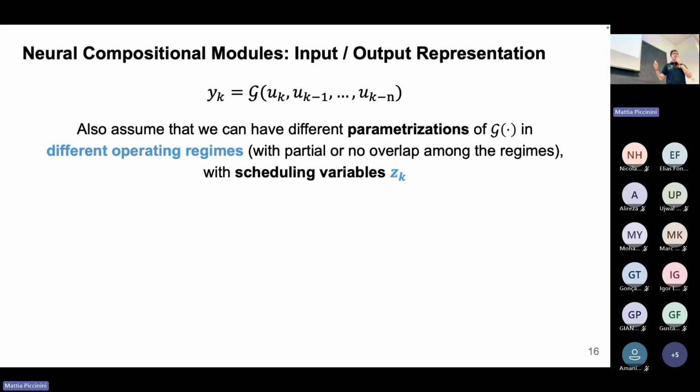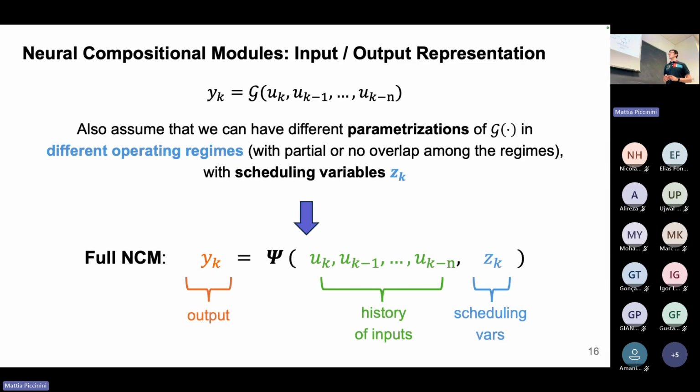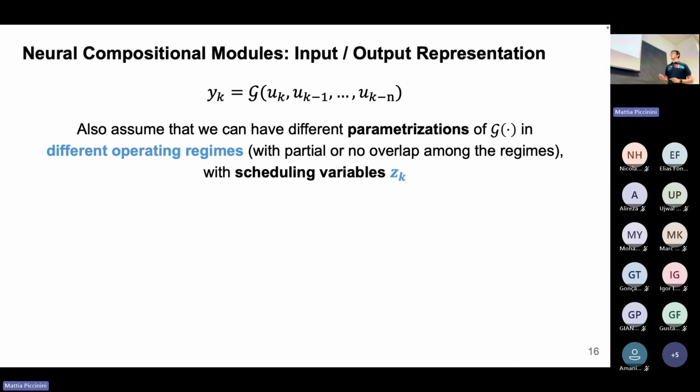What can we say on top of that? Let's suppose that our representation G is also changing somehow. We cannot describe our full system dynamics and our full domain with only one function G. We need to be a bit more careful: not only a past history of inputs, but also some scheduling variables, because our dynamics may be operating-regime dependent.